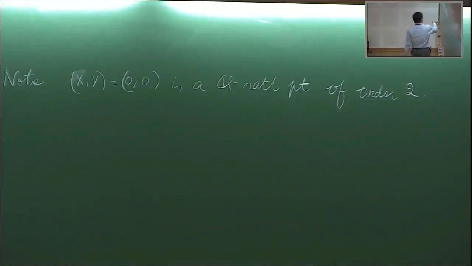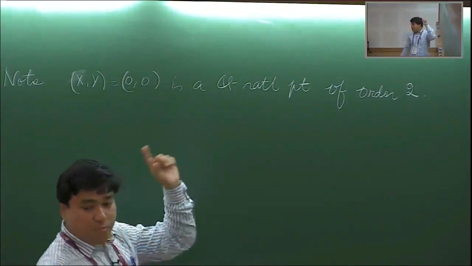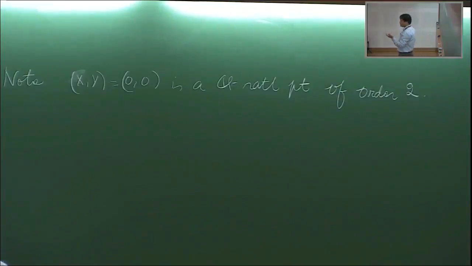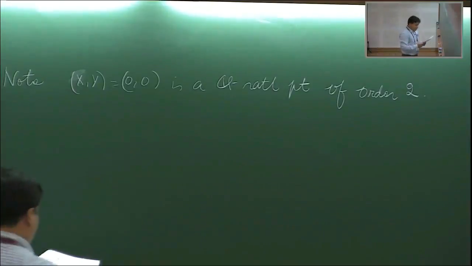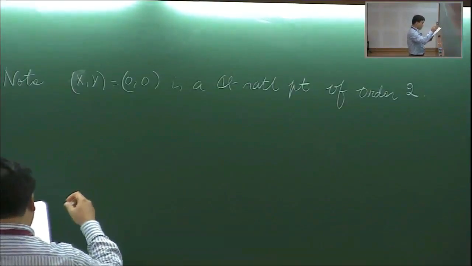So let x equal 0, y equal 0. Along with this point and the point at infinity, we know that there are at least two torsion points on the rational points of the elliptic curve.